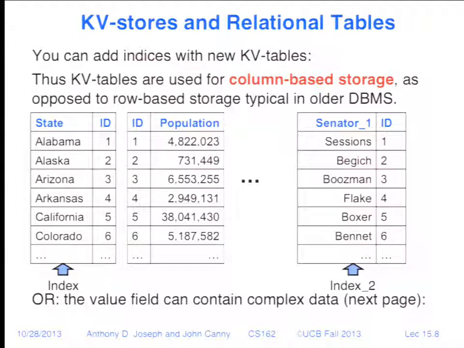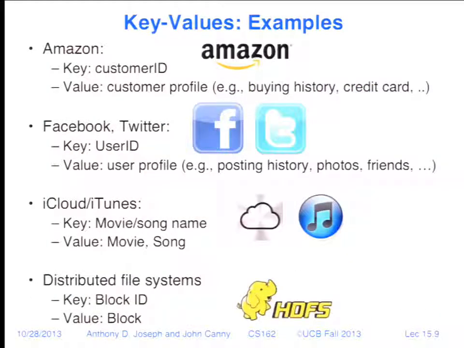The other approach is to just keep the contents of each row together and form a complex value out of it. So that approach is also used as well. And here are some examples. Here are some canonical users of large tables, all the internet companies.